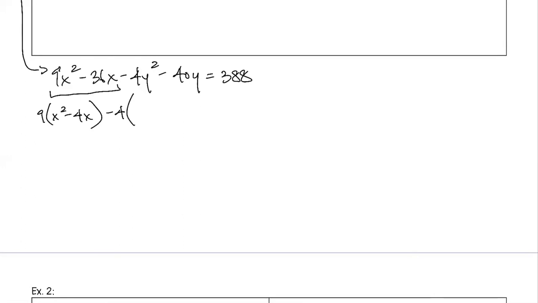That leaves us with a positive y squared on the inside and a positive 10y on the inside, okay? That minus sign makes things a little trickier. So just double check right here that when you distribute that minus sign back in, you're going to get the right signs that you started with.